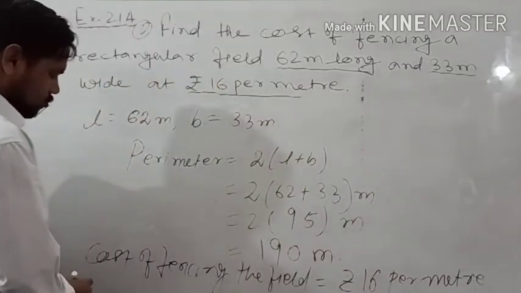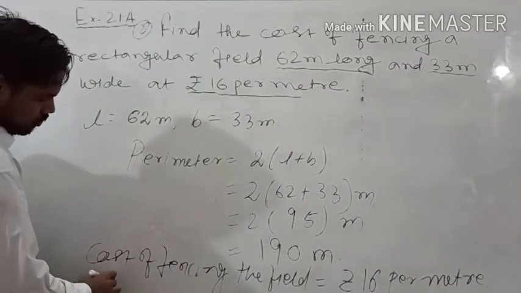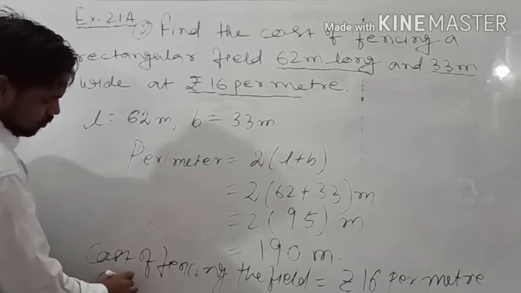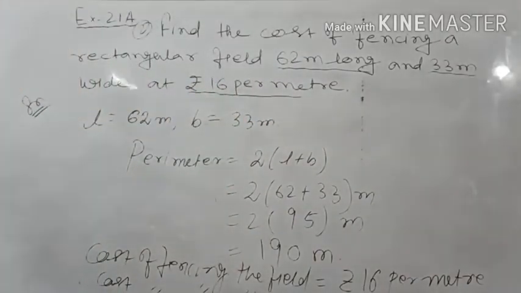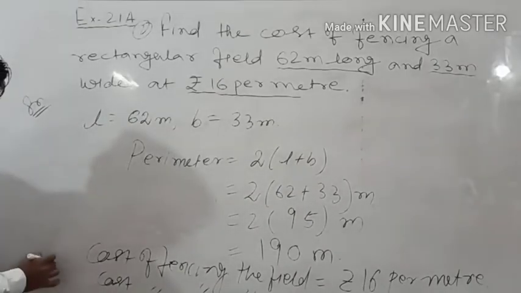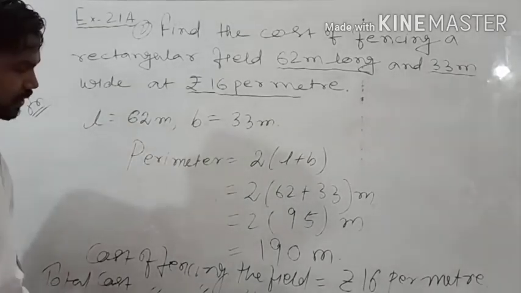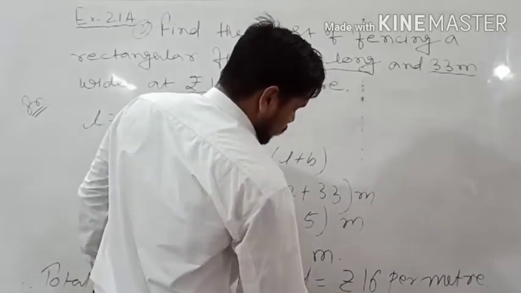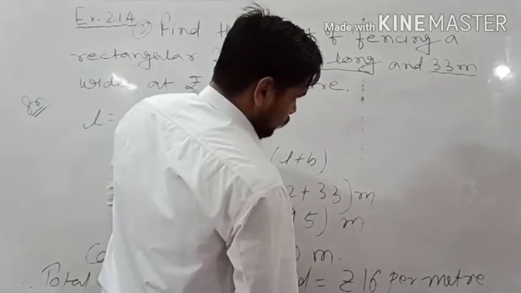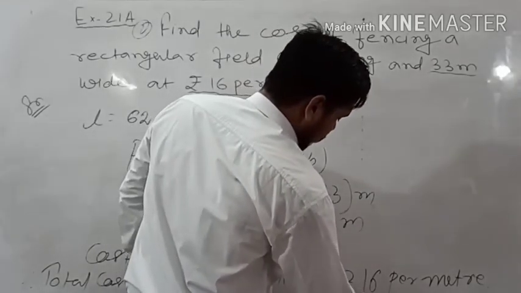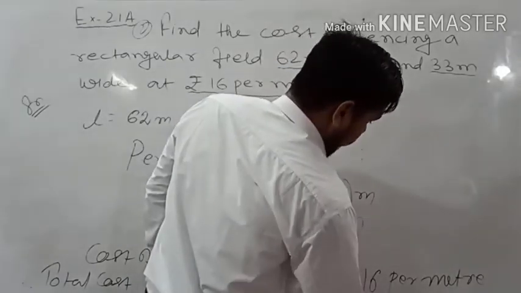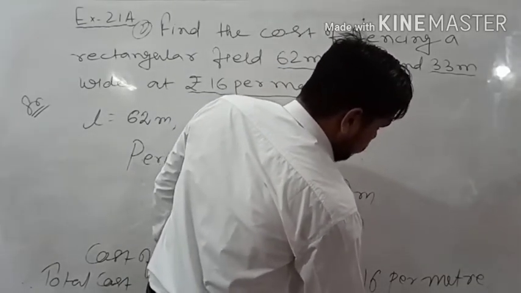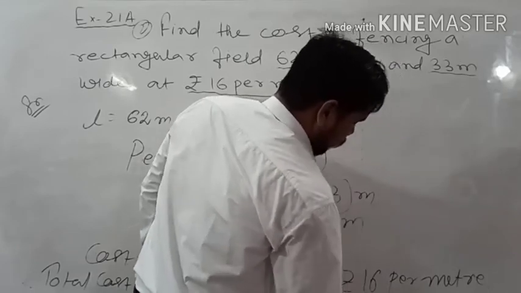So the total cost of fencing the field will be 16 multiplied by 190, which is rupees 3040.